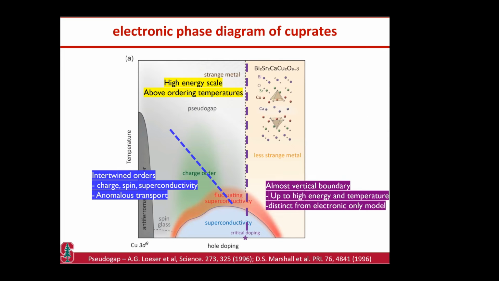Okay, so now let me summarize, or hope to show you, that the data seem to suggest that there is a boundary, not exactly vertical, but almost vertical. To the left-hand side, many things happened.